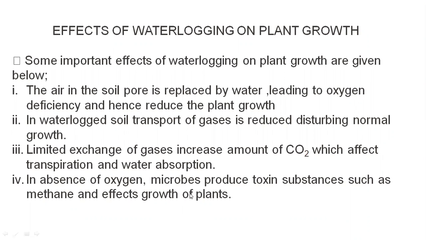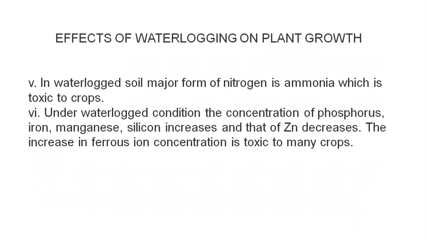In the absence of oxygen, when there is more water, more microbes will be produced, and these microbes produce toxic substances such as methane, which affects the growth of the plant negatively. In waterlogged soil, the major form of nitrogen is ammonia, which is toxic to crops. Under waterlogging conditions, the concentration of certain ions and minerals increases.